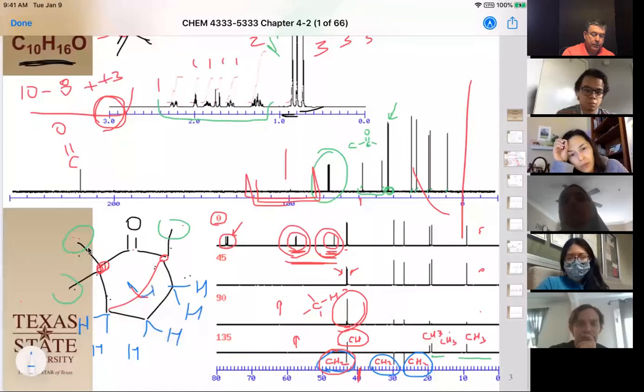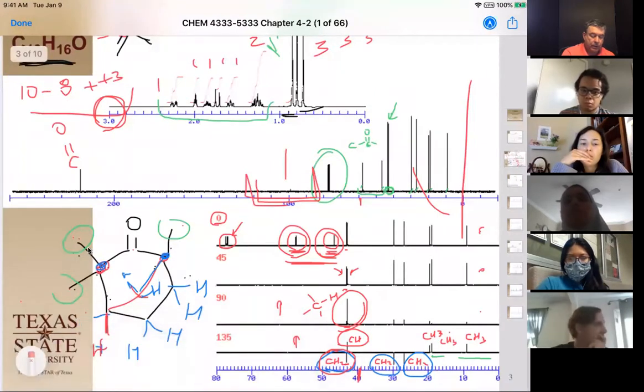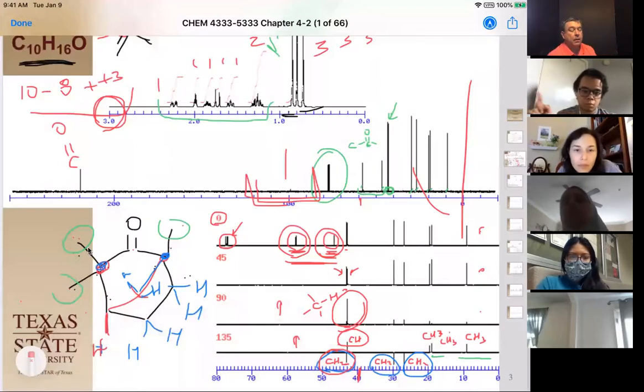So those would be 2 hydrogens. That would give us our quaternary carbon. So we have 2 quaternary carbons up at the highest level. This now turns into a CH because we have that. Okay. And so we have a 5 membered ring, a 5 membered ring. We have a total of 6.